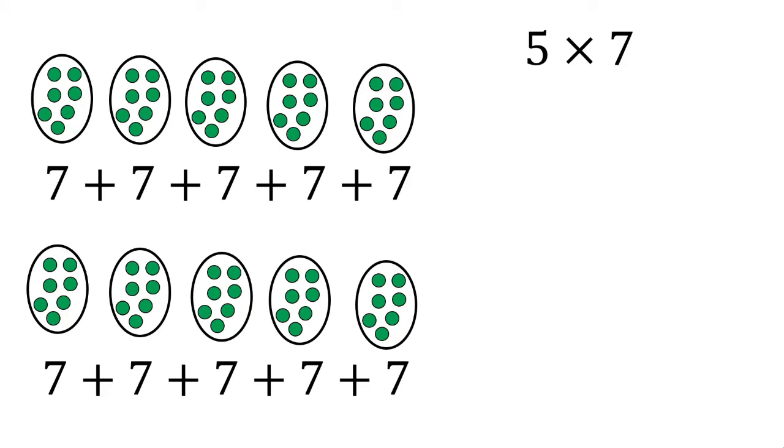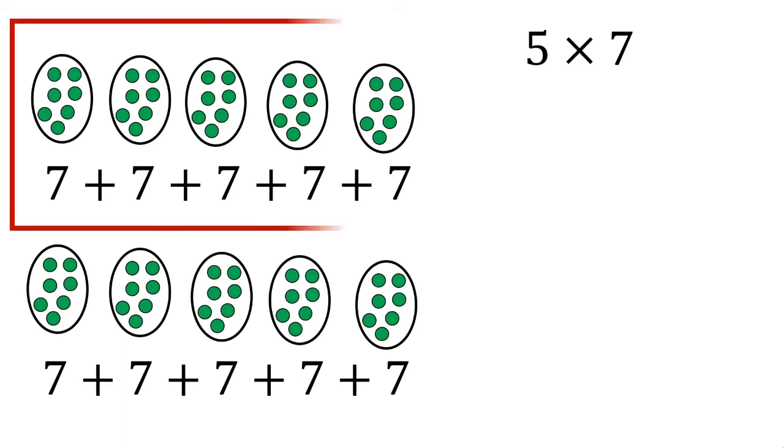Well, here in the picture we have 10 lots of 7, but we're not interested in 10 lots of 7. We're interested in 5 lots of 7. Well, surely 5 lots of 7 is just, for example, the top row. There's also 5 lots of 7 on the bottom row, but we're going to focus on the top row. Before we picked out the top row, we had 10 lots of 7, and that was 70.